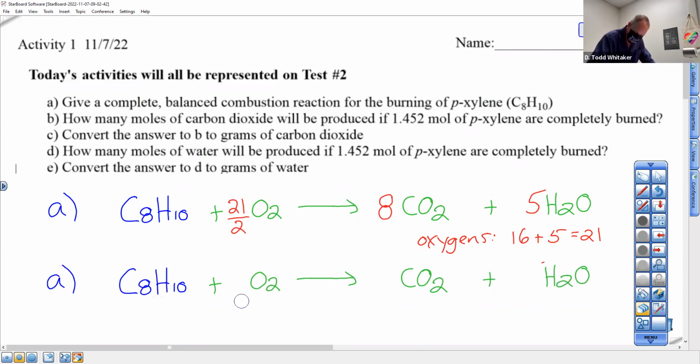Multiply the first one by 2. I'm going to go with purple. Second one was 21 over 2 times 2. That's why I didn't do the math. 21 over 2 times 2 is 21. You'd be undoing the math. And 8 times 2 is 16, and 5 times 2 is 10. Congratulations, you've got the complete balanced combustion reaction with the burning of paraxylene.